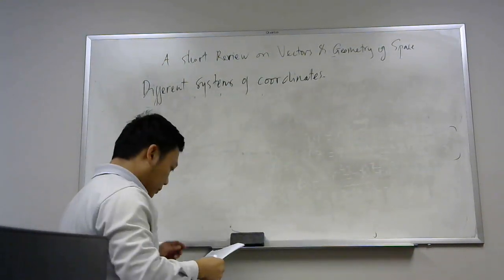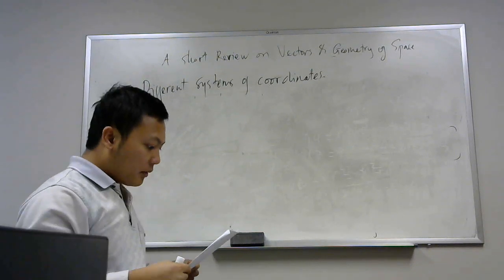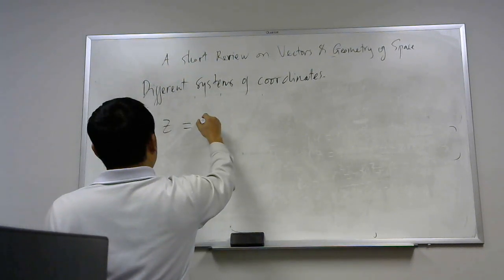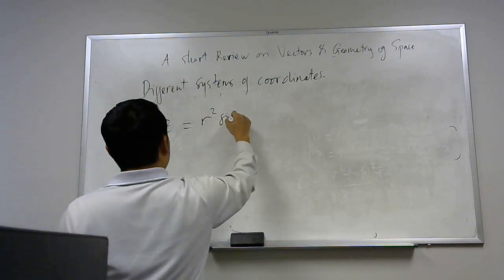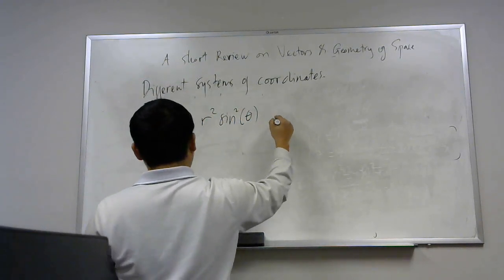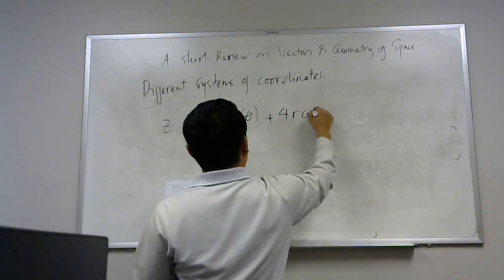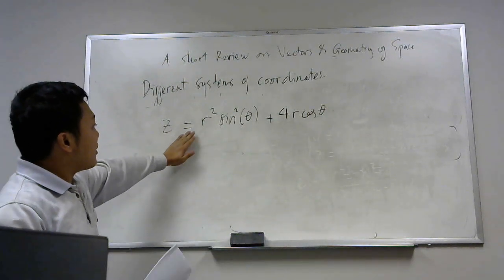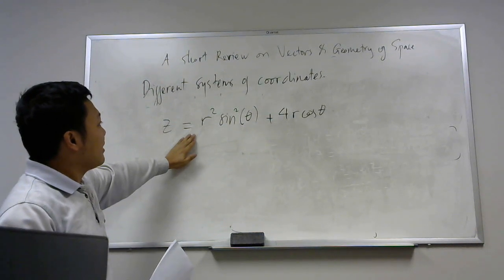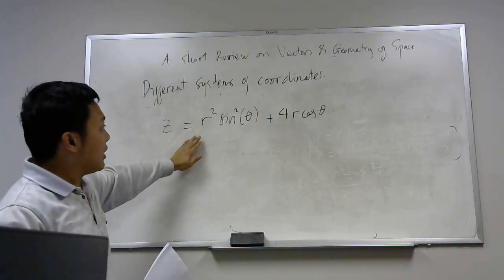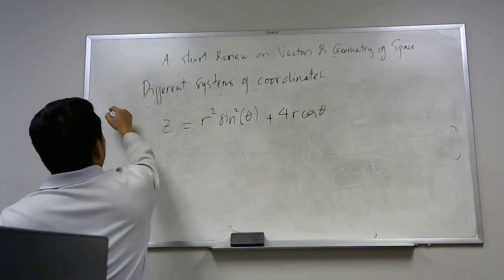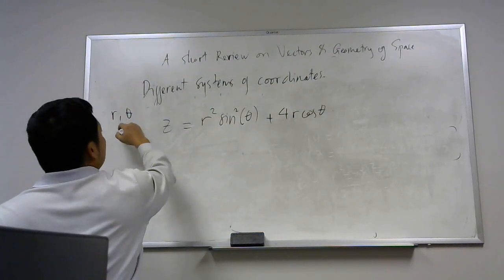So, for example, we have the equation z equal to r squared sine squared theta plus 4r cosine of theta. It's obvious that this equation is in cylindrical coordinates, because we have r, theta, and z.